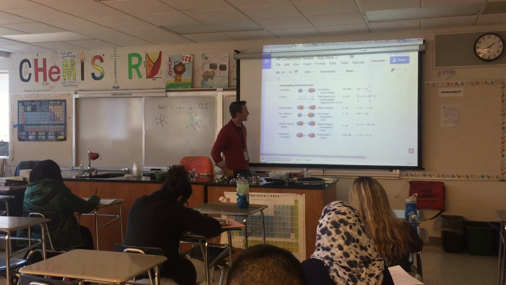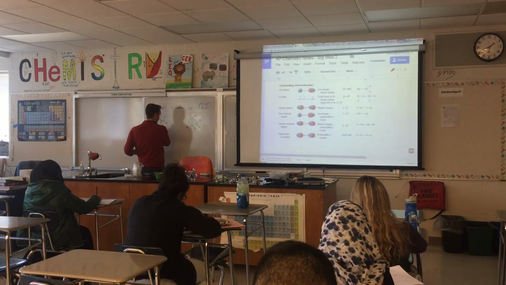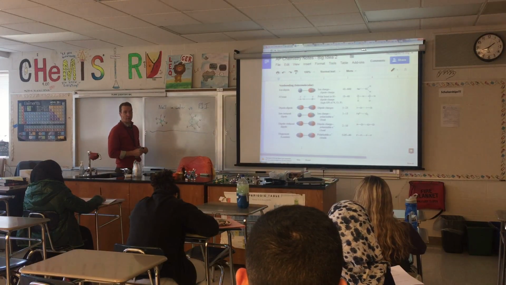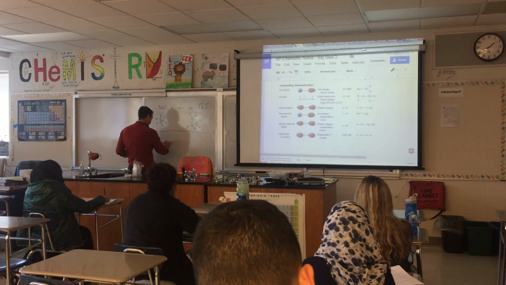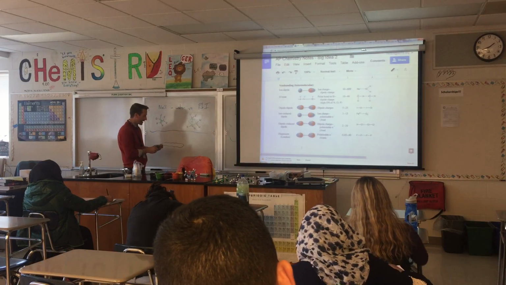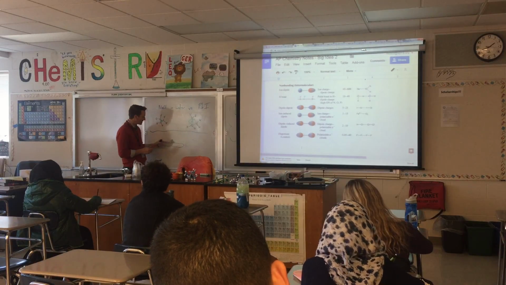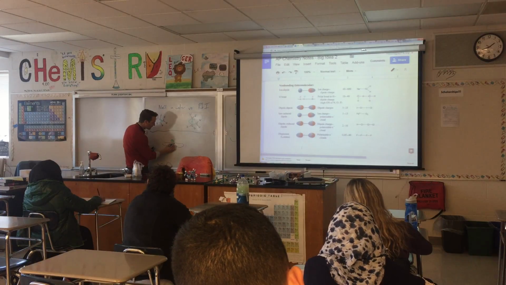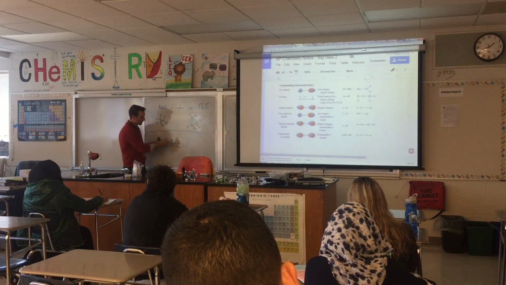How is that different from ion-induced? Ion-induced dipole would be like if I tried to take NaCl and dissolve it in oil. The oil molecule is some big long hydrocarbon that's nonpolar. There can form an interaction here because this ion can induce a little region of negative charge here, pull those electrons in this molecule close to it.